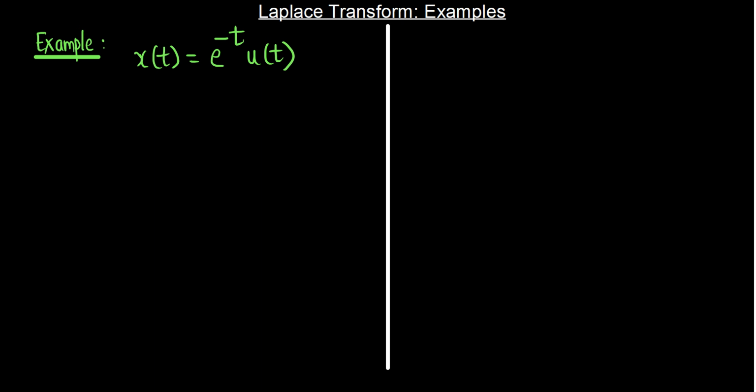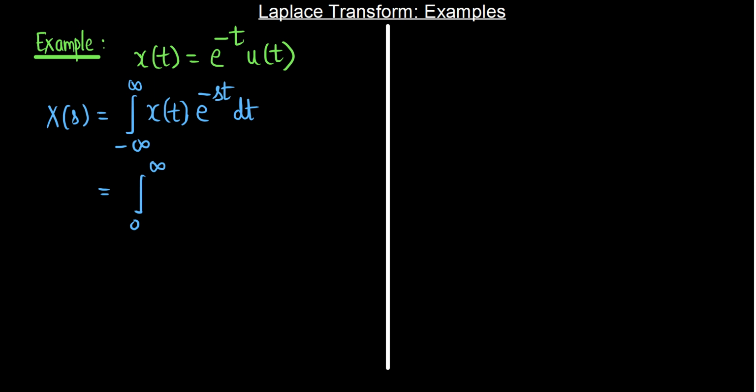So Laplace transform by definition is going to be x of s equals integration from minus infinite to infinite x of t e power minus st dt, and I can write this directly as integration from 0 to infinite, just because the signal is multiplied by ut.